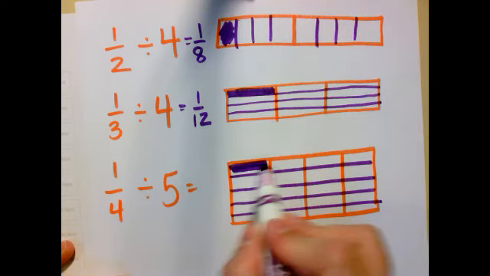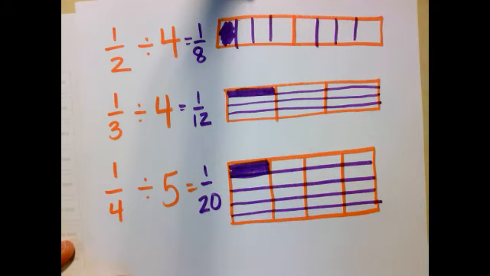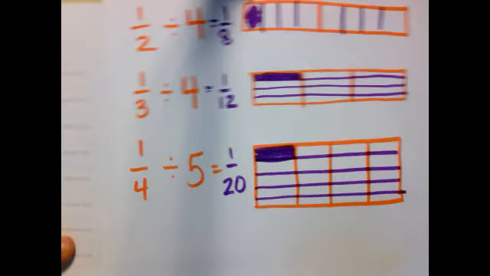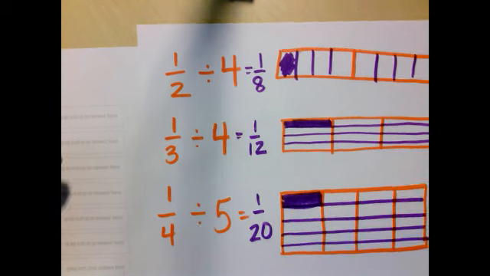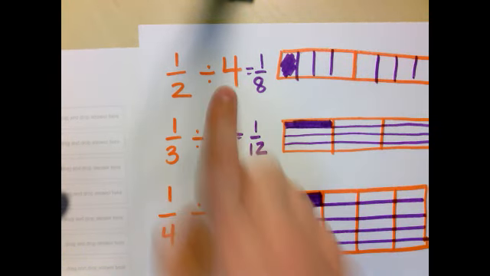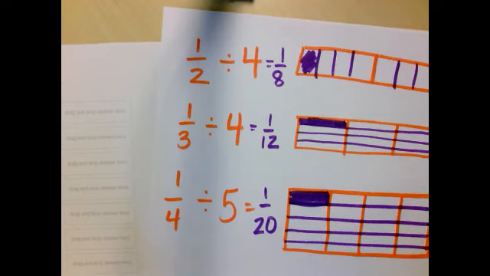And then what would one piece equal? 1/20. So I bet a lot of you are having a light bulb moment and you're saying, oh, I see it now. So when you divide a fraction by a whole number, most times you're going to end up with a fraction unless you're dealing with an improper fraction.